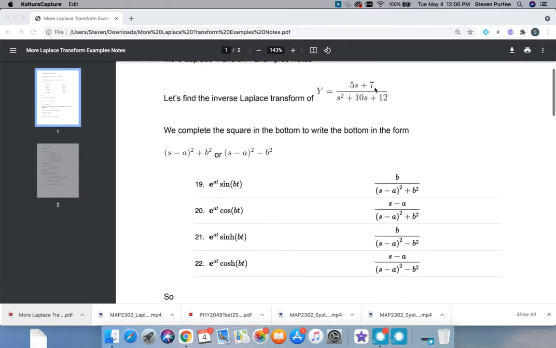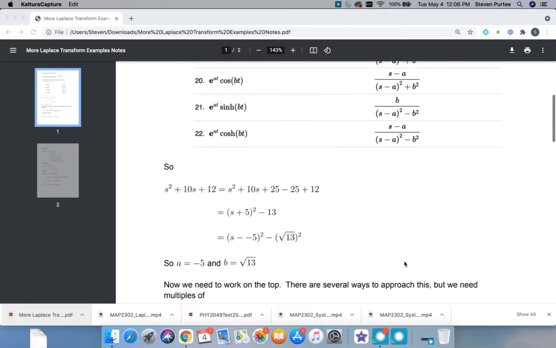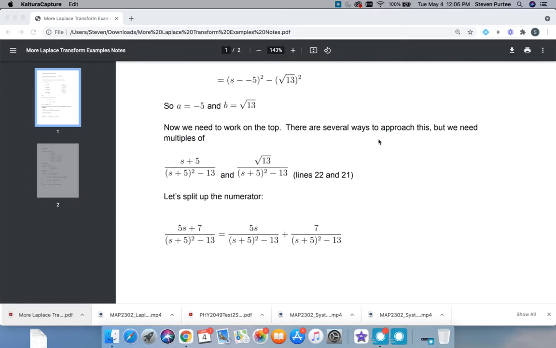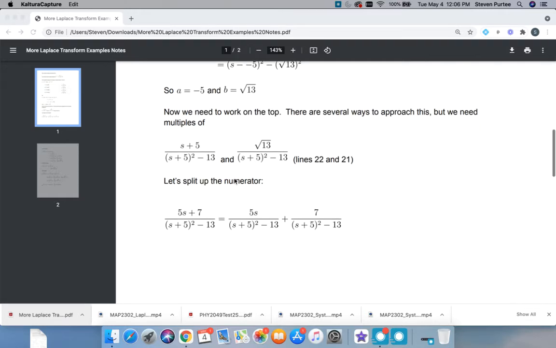So I have to hammer this guy into some combination of a bunch of these. Okay, so we need, these will give me my cosines, these will give me my sines, times exponentials, sinh and coshes, of course. Okay, so there are a bunch of different ways to do this.